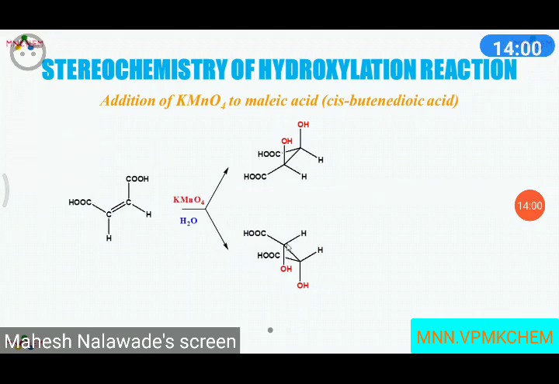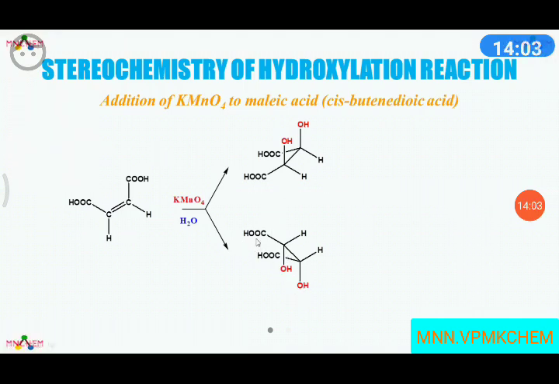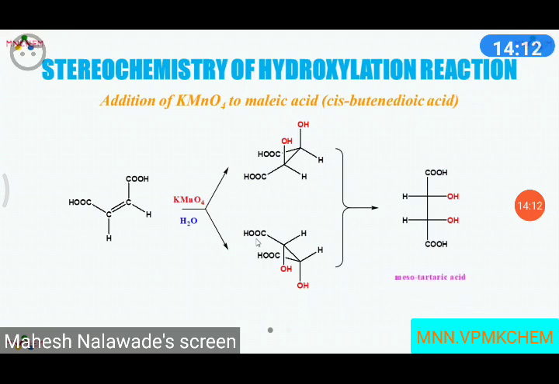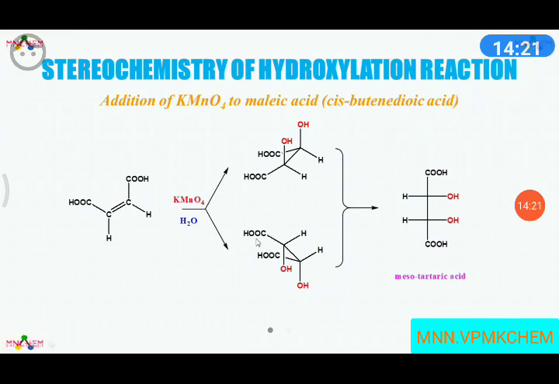Both of these are nothing but the same and can be represented like this. This is called meso-tartaric acid. So addition of KMnO4 to maleic acid and subsequent hydrolysis gives meso-tartaric acid as the product. In short, we can say syn hydroxylation of cis alkene gives meso product.